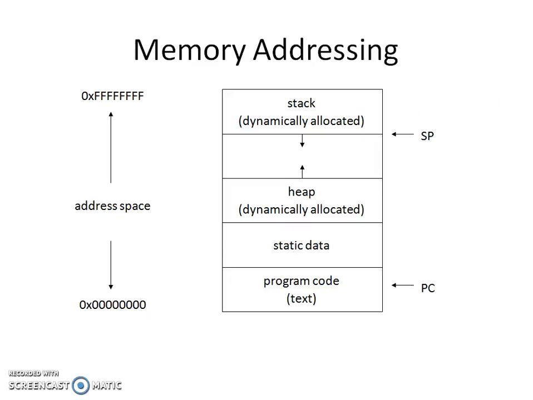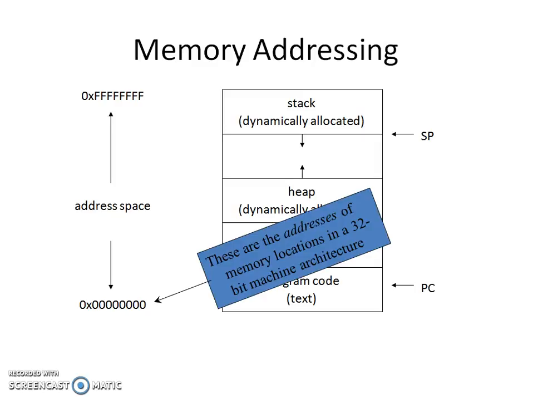So here for memory addressing, again the same thing is used, and we are referring to the starting point of the block assigned to the particular value. So there are addresses of memory locations in a 32-bit machine architecture.